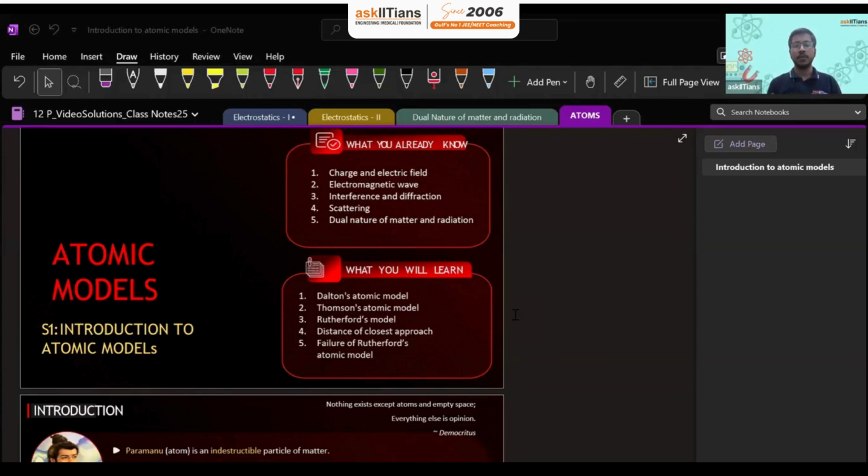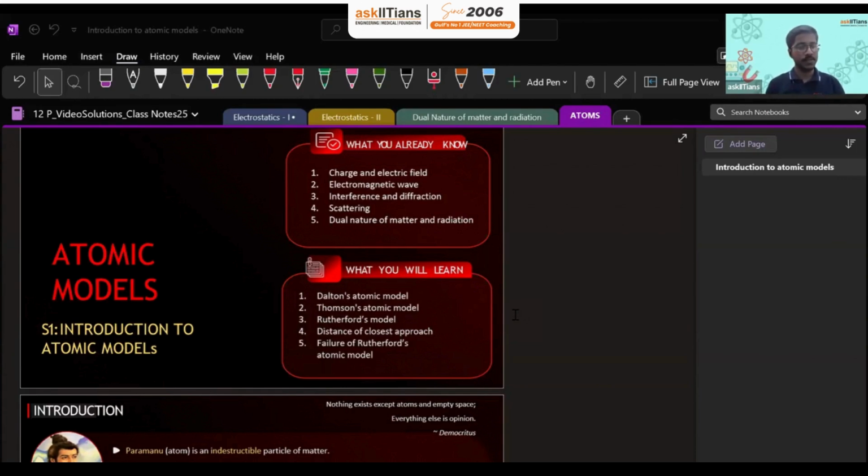Then we will quickly move on to Rutherford's model, which is very important from our board exam point of view, and the alpha particle scattering experiment, how Rutherford's model failed, and what led to Bohr's model, what the major postulates of Bohr's model are, and what benefits Bohr's model offered. We'll go through all those points step by step.